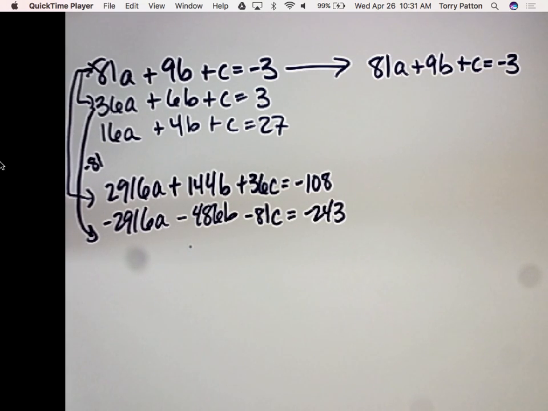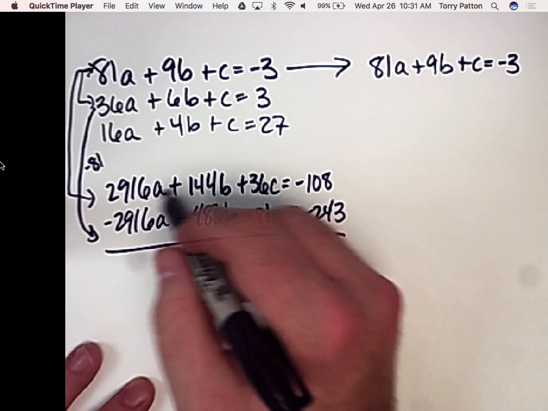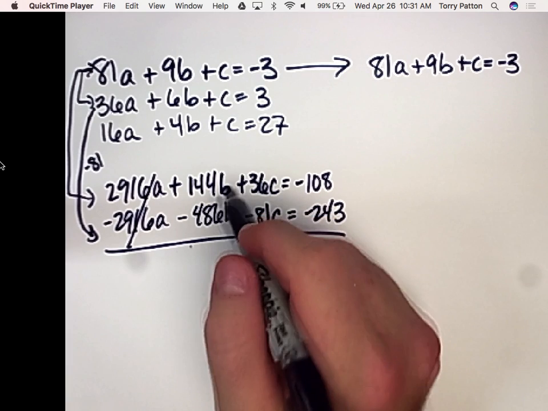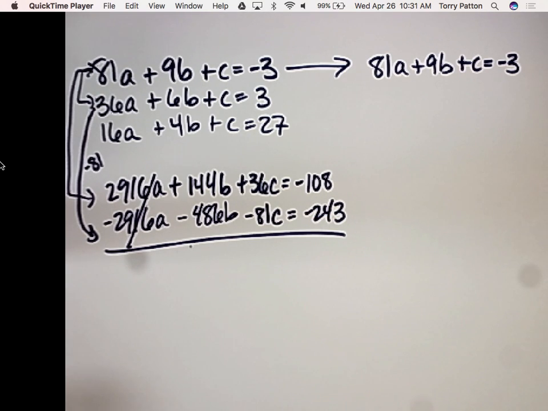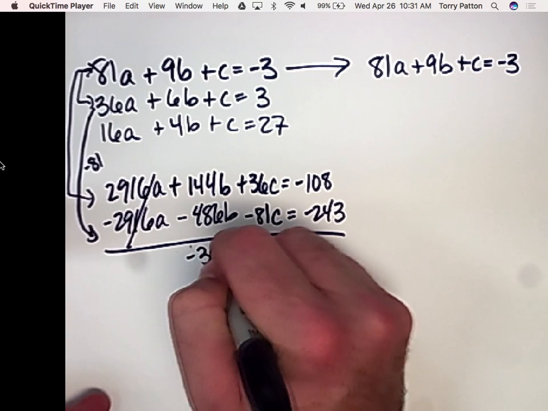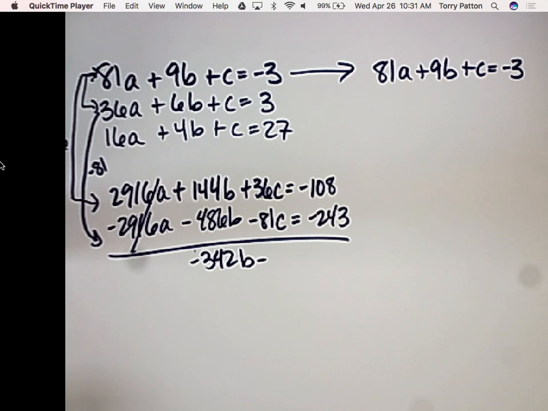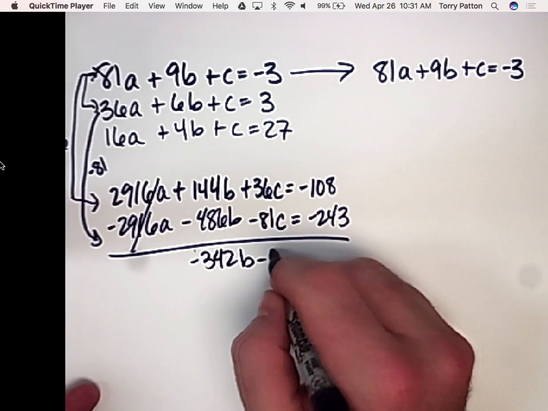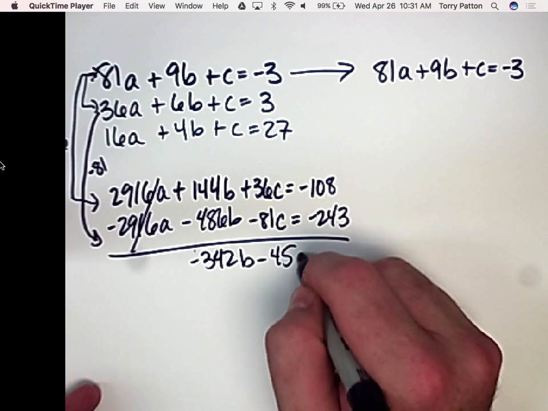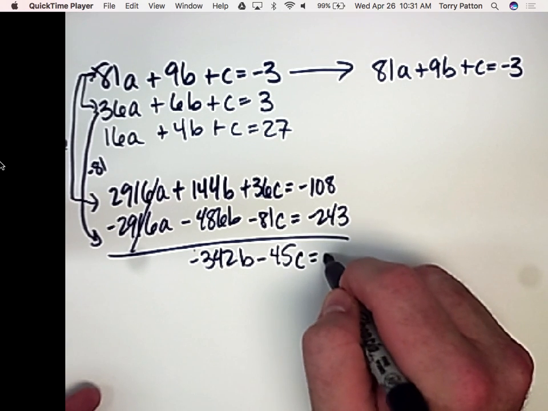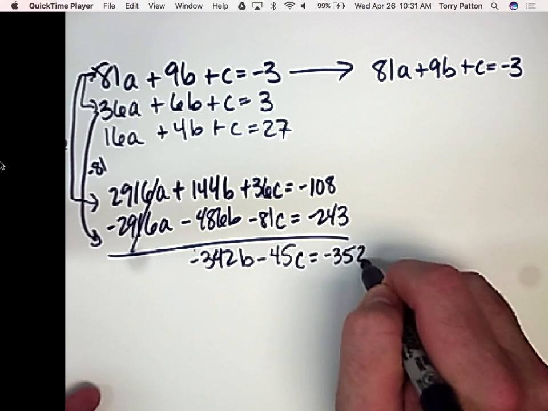Okay? If you add those, your a is eliminated, which is what you wanted. Then for your b, 144 minus 486, we get negative 342b, minus 36 minus 81, 45c, equals negative 351.